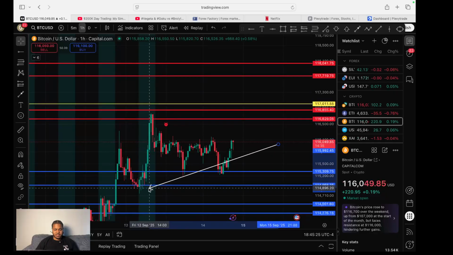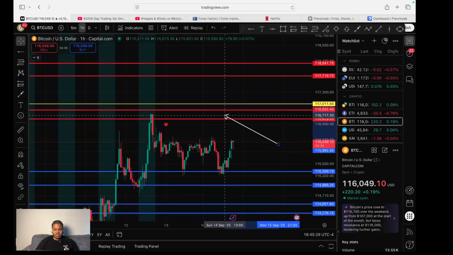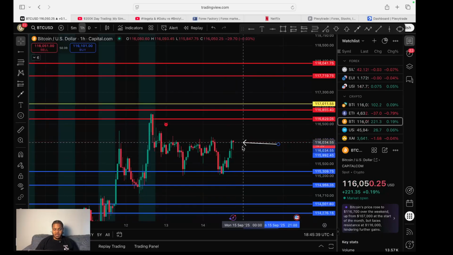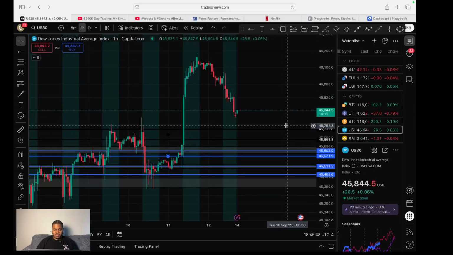This is resistance, and this is support on the 1 hour time frame. If price breaks above this golden line, it's safe to assume that we can be looking for buys as long as when price comes back to retest or correct, we get the right confirmations. So I'd say bullish for Bitcoin. I'm leaning towards bullish. Now let's hop over to US30.